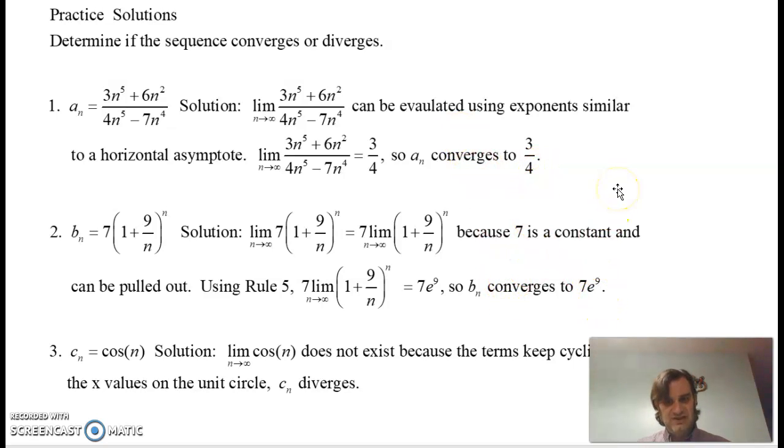If you were to use something like Excel, or make a table, or just calculate values, you would get quite a few of those, and you would see that they go to these values. The last one, cosine of n. If you think about a cosine curve, similar to a sine curve, it just goes up and down, up and down. So it doesn't go to a fixed value, it just keeps cycling through different numbers. So the last one diverges.